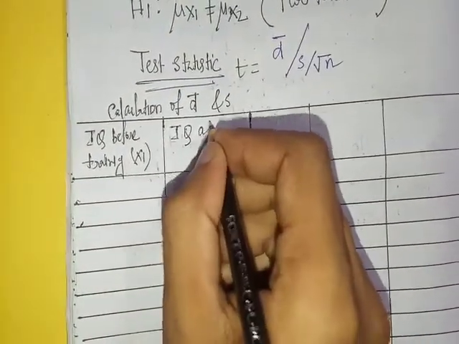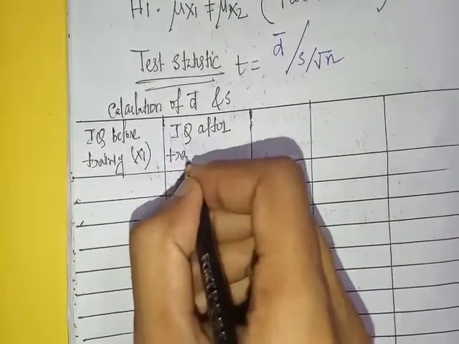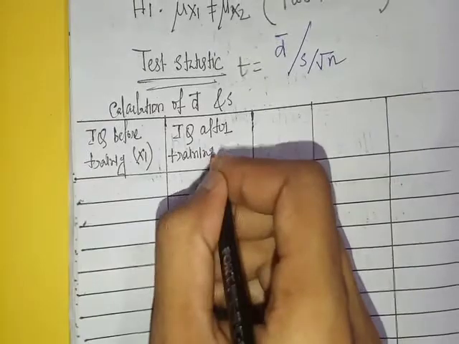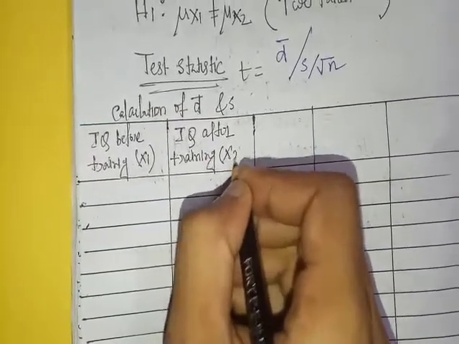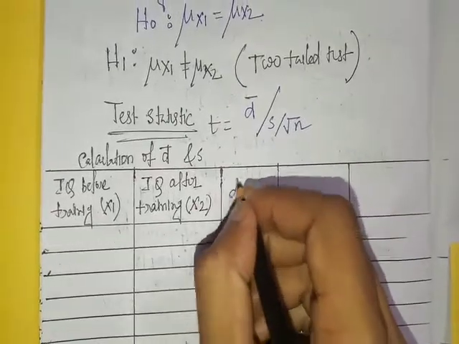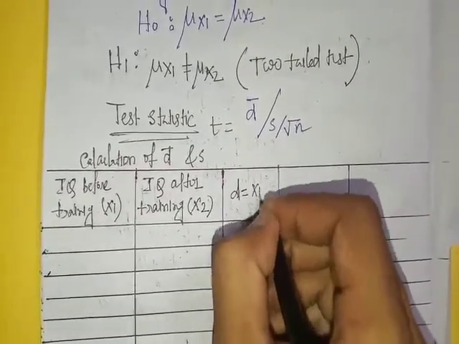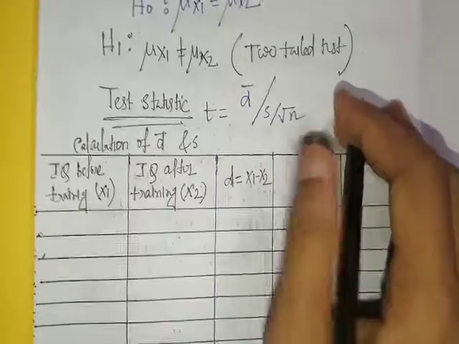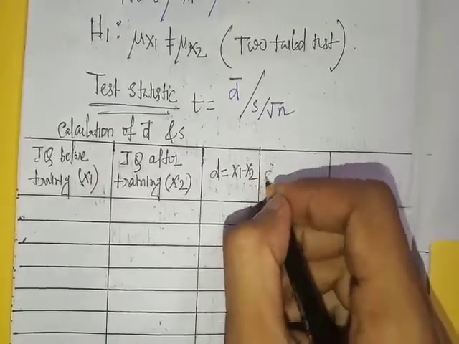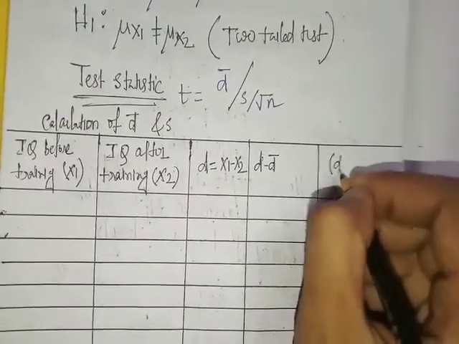IQ after training, let this be x2. And d means difference of two samples, that is d is x1 minus x2. Then d minus d bar, and d minus d bar whole square.